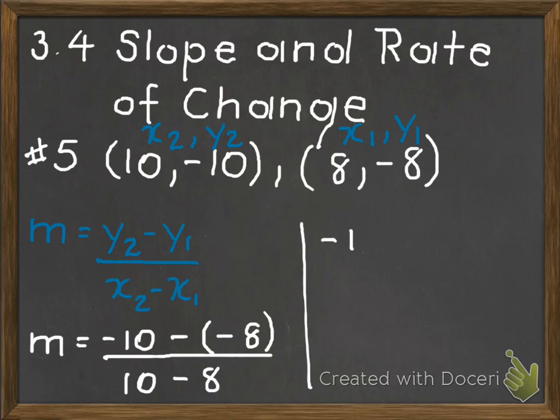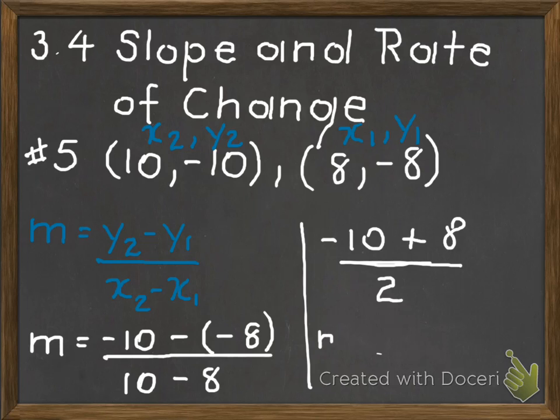Be careful with the signs. Minus 10, and then we have minus minus. Minus minus is plus 8, over 10 minus 8 is 2. And then minus 10 plus 8. 10 minus 8 is 2, but the bigger absolute value is negative, so we have negative 2.